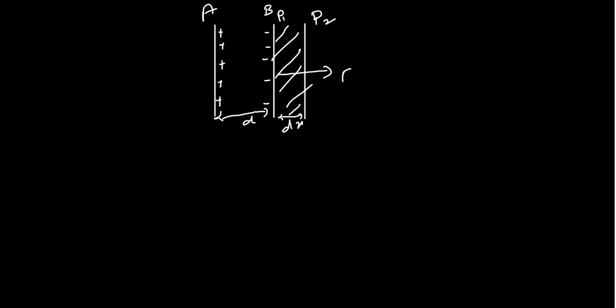Now a force is applied externally to move the plate B from the position P1 to P2. So the work done is stored in the form of energy in the additional volume A into dx.